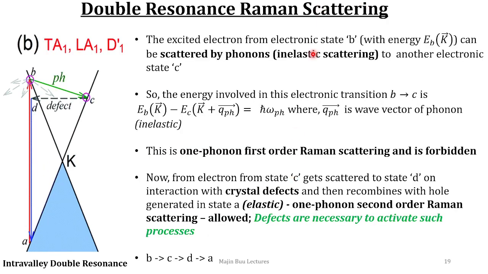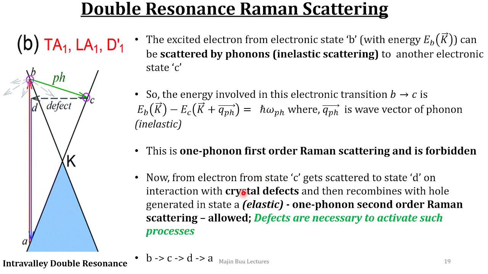Now, as far as the double resonance Raman scattering is concerned, you have the excitation of an electron from the valence band to the conduction band. Following this excited state, it interacts with the phonons and is scattered, undergoing inelastic scattering, and assumes the state C. Beyond state C, it again interacts with the defect present in the material to come to state D, wherein it undergoes electron hole recombination.